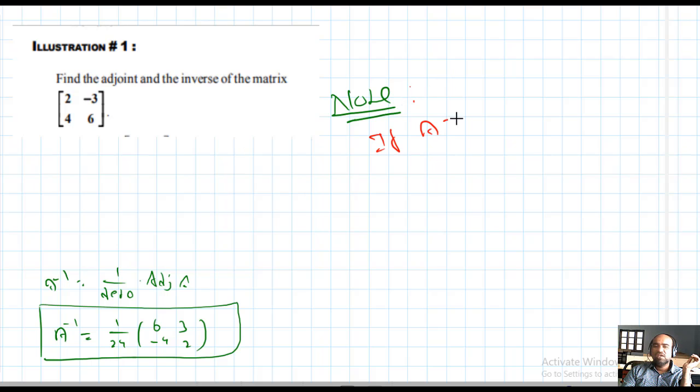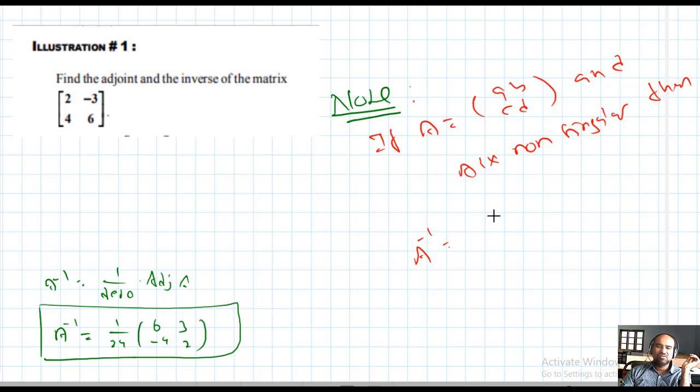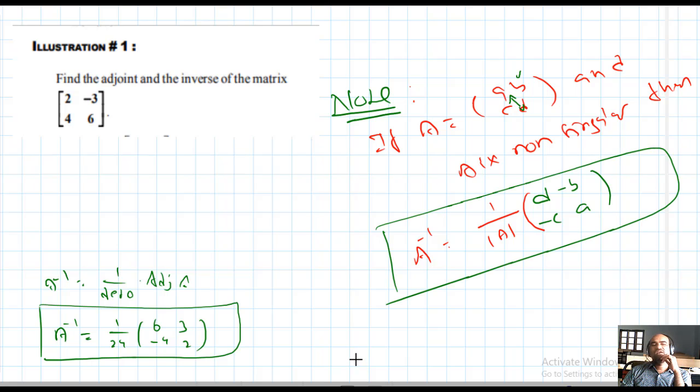If A equals [A, B; C, D] and A is non-singular, then directly A inverse equals 1 by det A into, just interchange these two places, D and A, and write B and C as they are with opposite signs, minus B, minus C. So this is the formula to find the inverse of a 2 by 2 non-singular matrix.